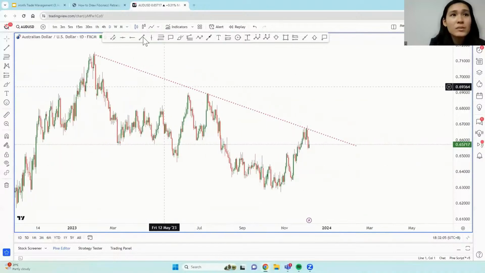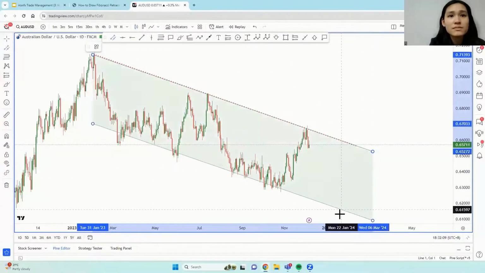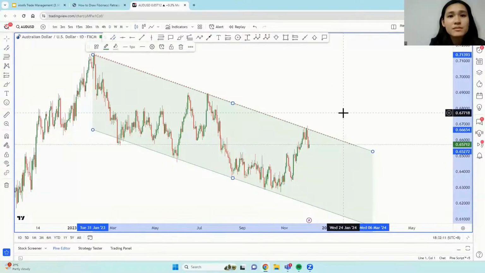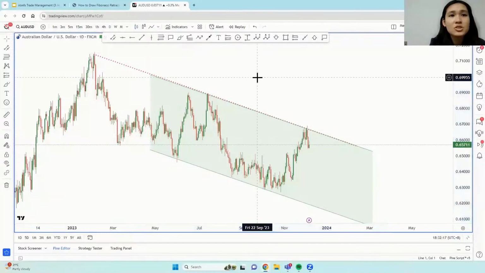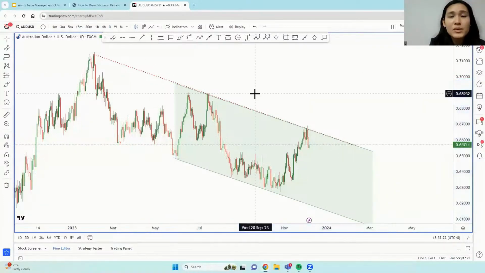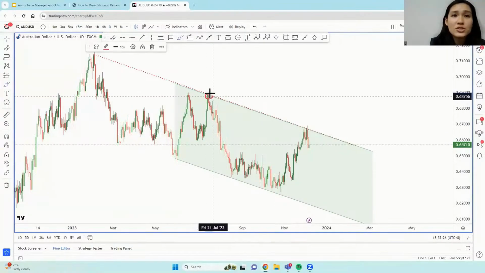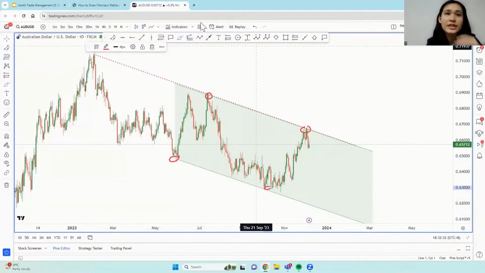We might even have a trend channel here. We kind of do have a descending trend channel as well. Basically, for a valid trend channel, you need to have at least two touches on top and two touches below, at least.